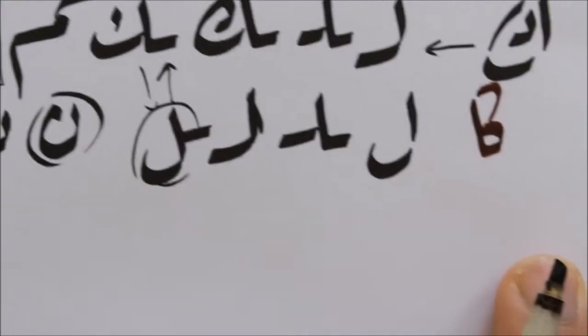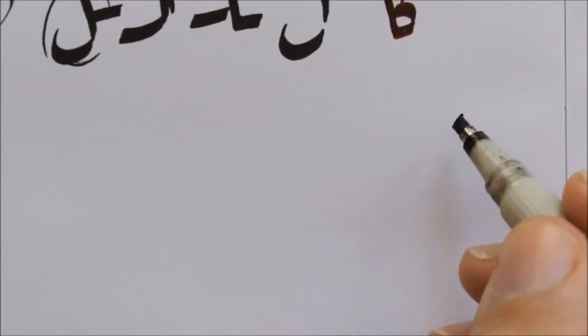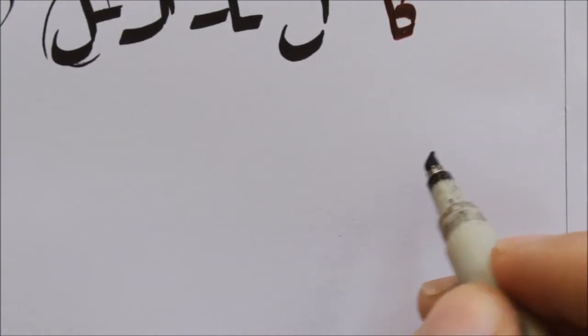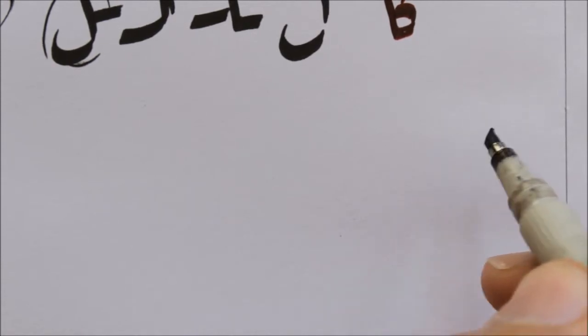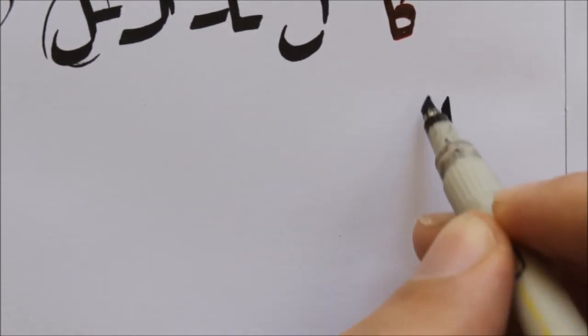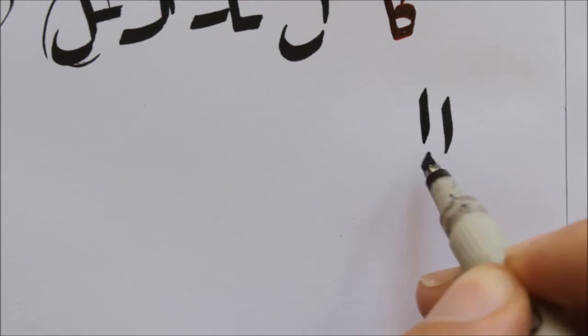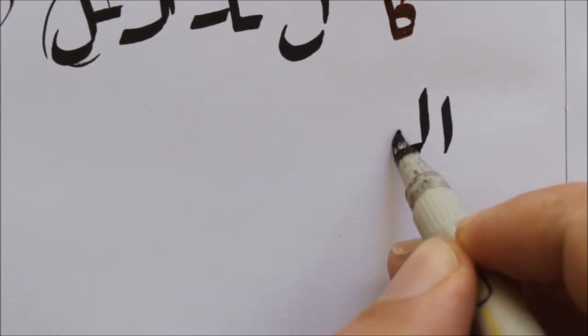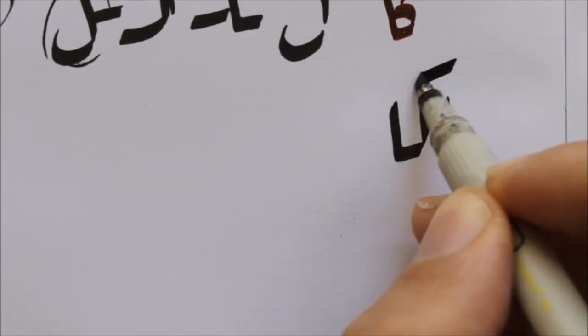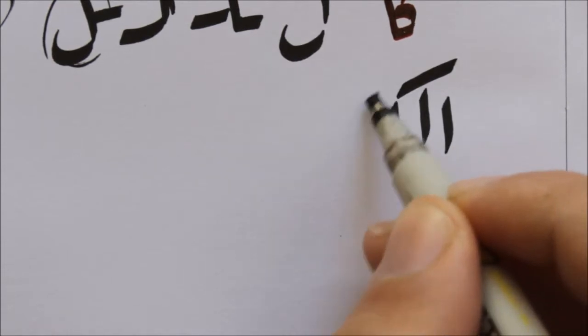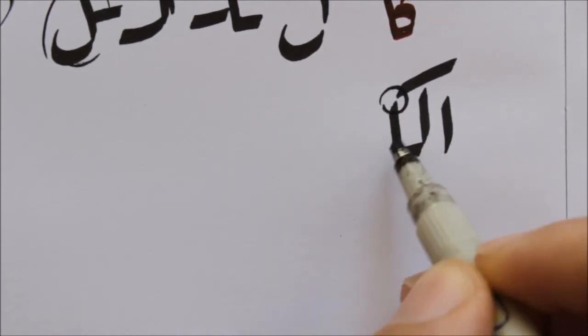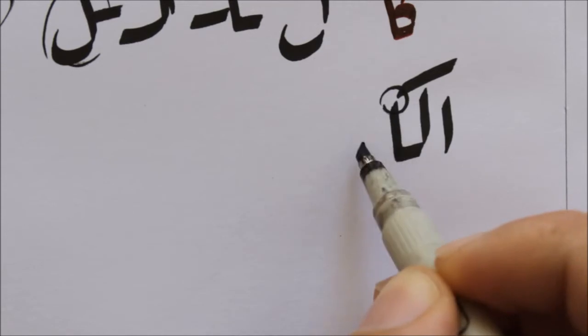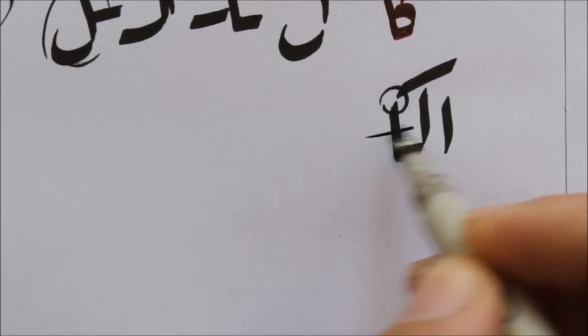Let's see how it looks in the middle. Let's write al-kam, Alif, Lam. We go up and we do the move here. It's fine if it was disconnected. Now when you connect it to the left, you start from the middle of the Kaf.